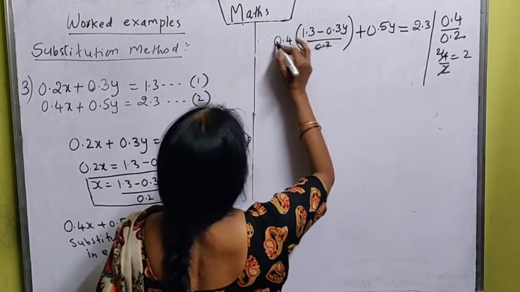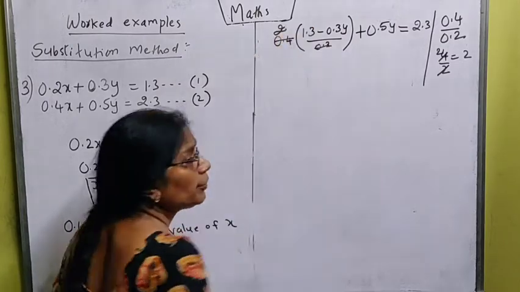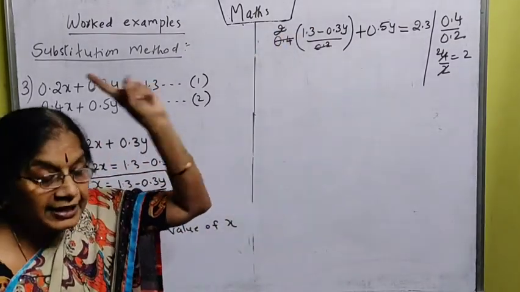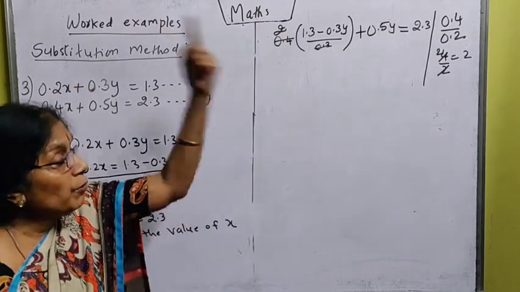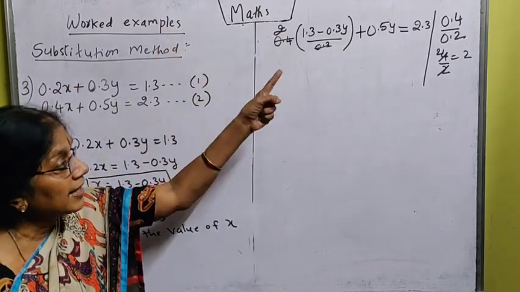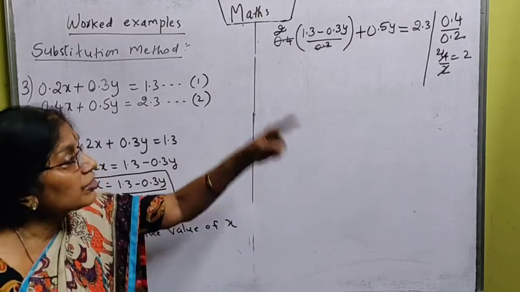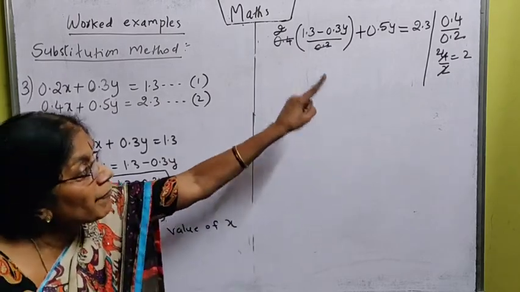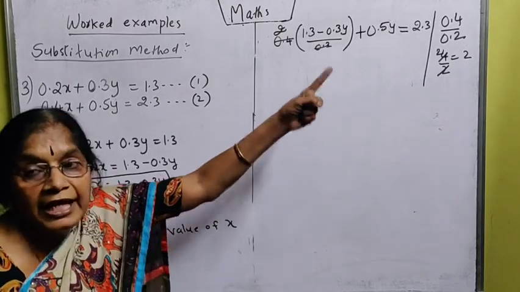There is a rule: when the numerator has a single decimal and the denominator also has a single decimal, the decimal points can be cancelled. So it becomes 4 by 2, and when you divide, it becomes 2.